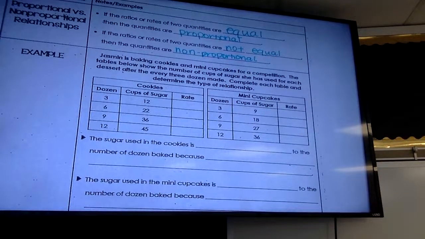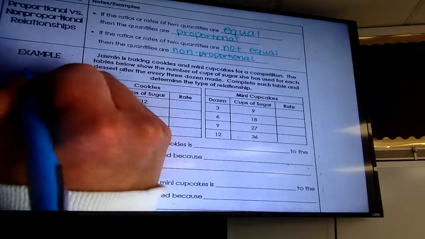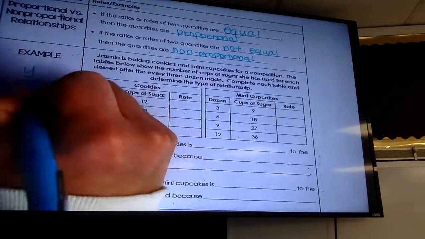So here's an example. Jasmine is baking cookies and mini cupcakes for a competition. The tables below show the number of cups of sugar she has used for each dessert after every 3 dozen made. Complete each table and determine the type of relationship. To determine if something is proportional or not, whenever we're looking at a table, we do what we call y over x.